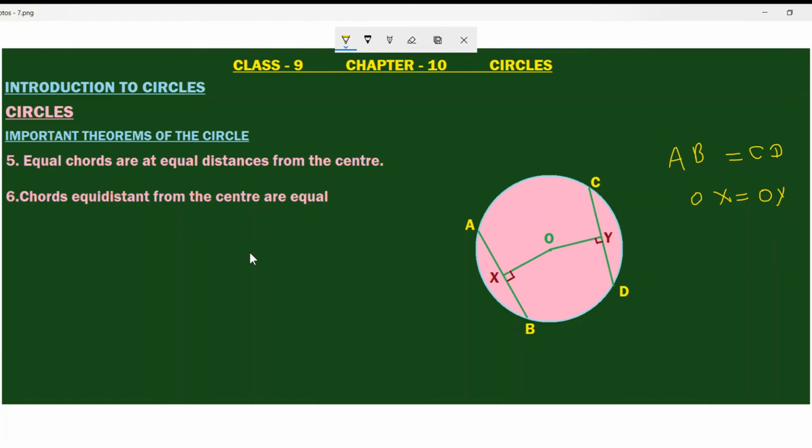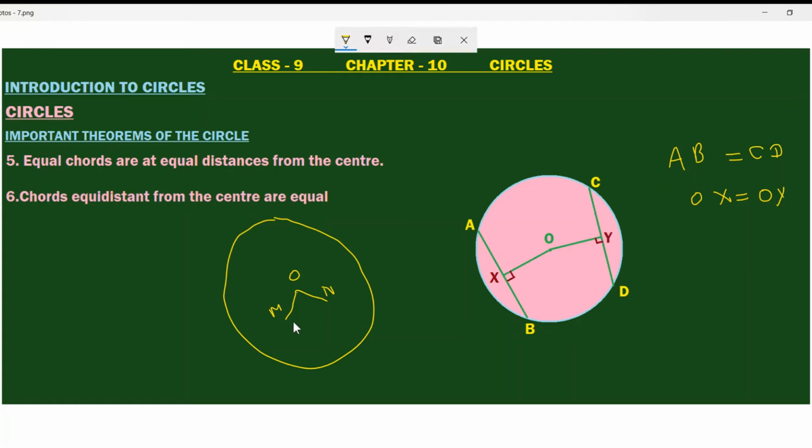How can we prove that? See, we need to draw a circle and take the center of the circle, and then draw equal distances from the center of the circle. Draw two lines from the center, both of equal distance, OM and ON.